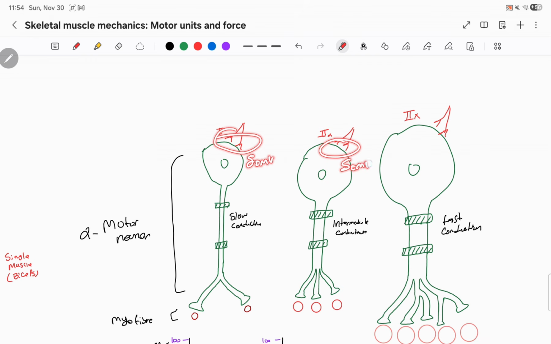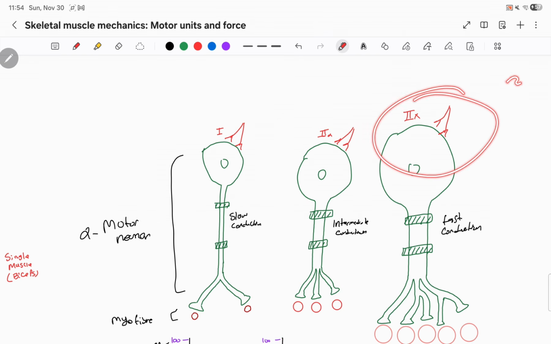This guy will cause an exact 50 millivolt change. This guy will cause an exact 50 millivolt change. However, there is a big difference here. These smaller motor neurons, they have a smaller surface area. This means they're going to reach threshold much sooner. And these guys, because they have a larger surface area, they're going to reach threshold much later.